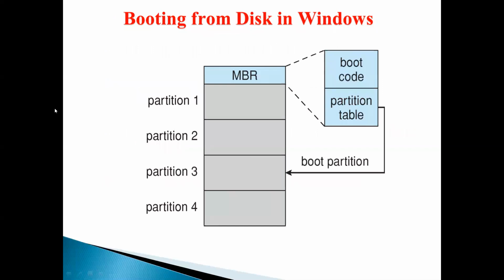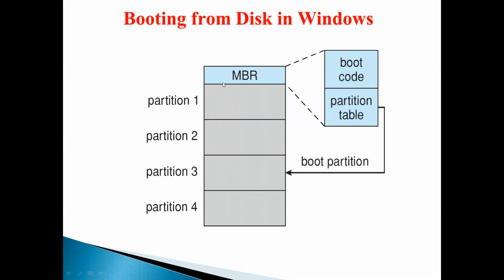As an example, consider how booting happens in the Windows operating system. In Windows, we all know that the hard disk may be divided into several partitions, and one partition may be reserved as the boot partition. This boot partition will contain your operating system and the device drivers. And one sector of the hard disk is reserved for storing your master boot record.